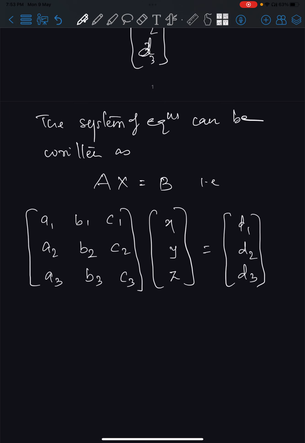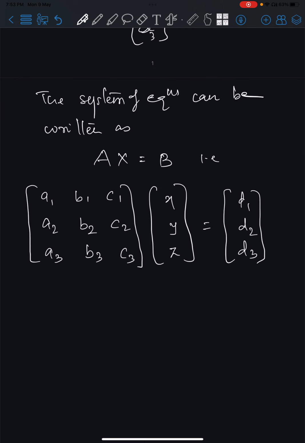Now, how to solve this: we will take AX is equal to B, pre-multiplying by A inverse.